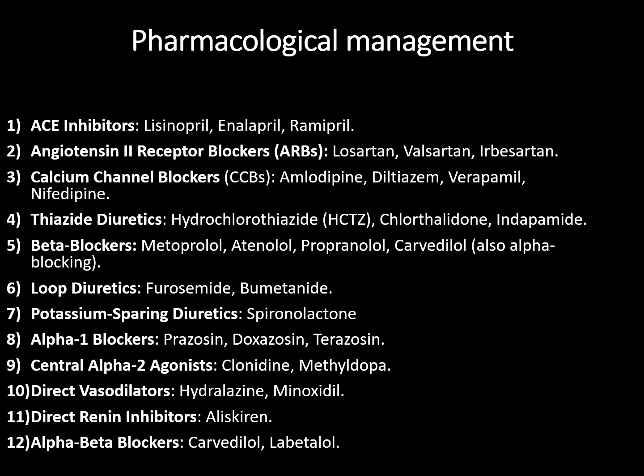Then we have the central alpha 2 agonists, clonidine and methyldopa, which are usually used in pregnancy-induced hypertension. Then we have the direct vasodilators, the most common being hydralazine. Then we have the direct renin inhibitors, aliskiren being an example. Then we have the alpha-beta blockers, which are non-selective.